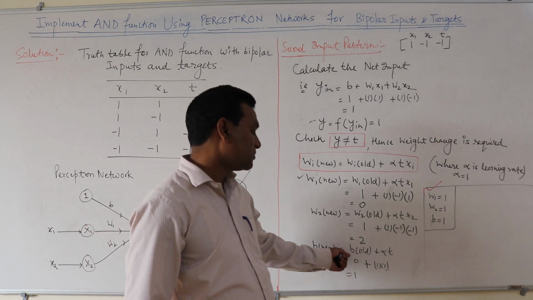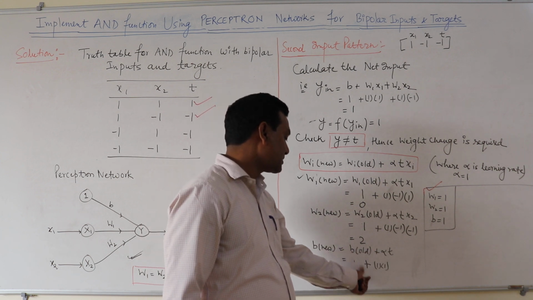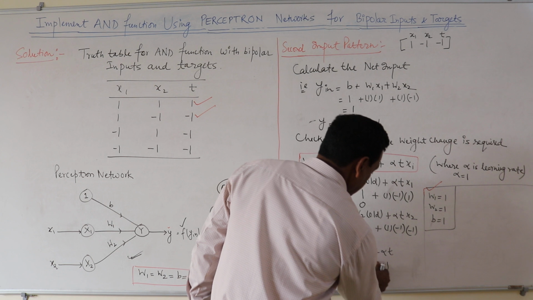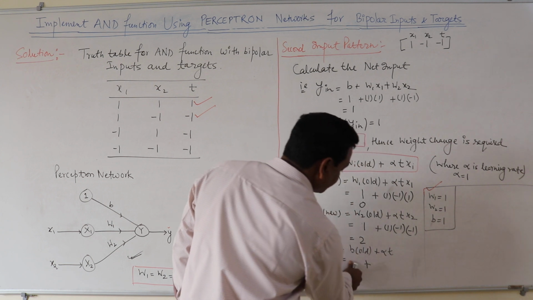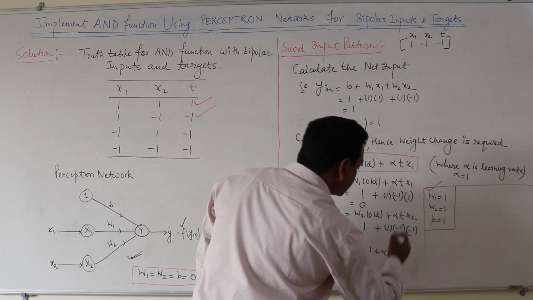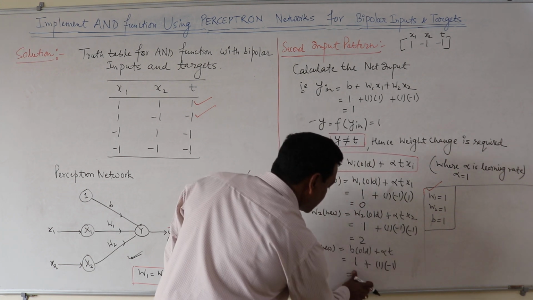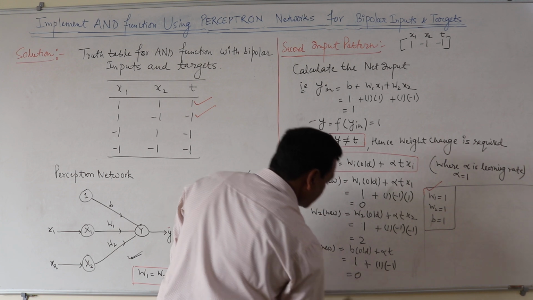This will be equal to B old plus alpha into t. B old is 1, alpha is 1, t is minus 1, so 1 minus 1 will be 0.